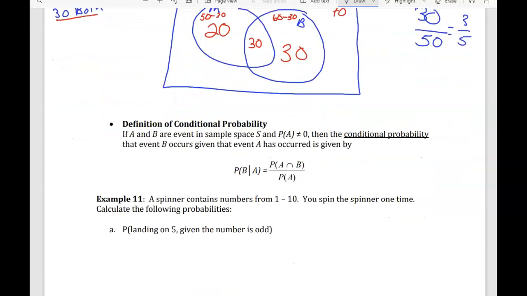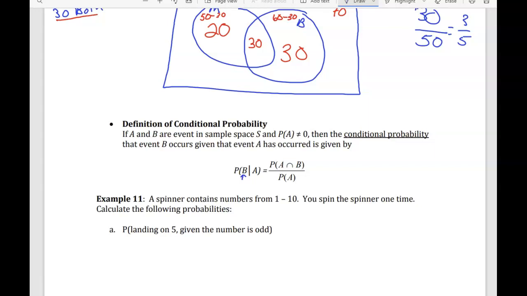There's a formula for this. This is called the conditional probability. This is the probability that event B happens given we know event A happens. You look at the probability of event A, that's the given part. The given is on the denominator, and their overlap, their intersection, is on the numerator.